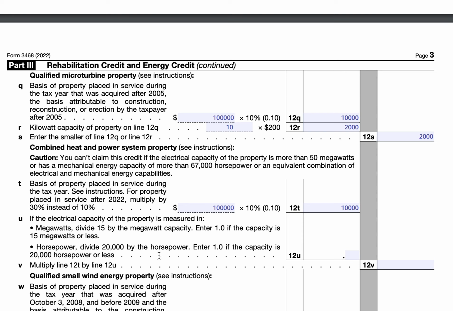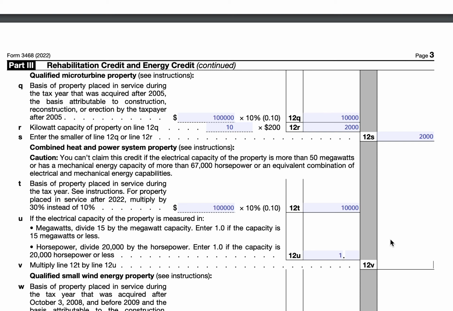Sorry, 5,000 horsepower. So then we'll multiply. The number in 12U cannot exceed 1.